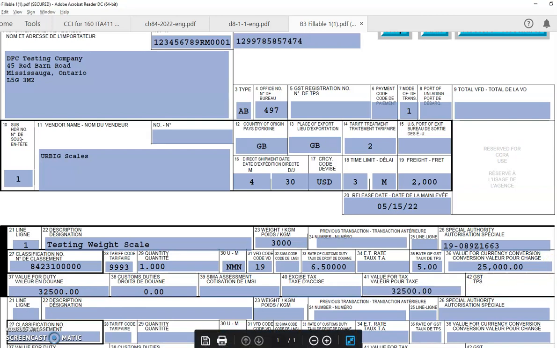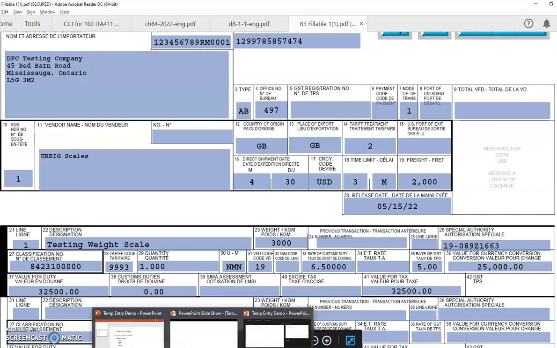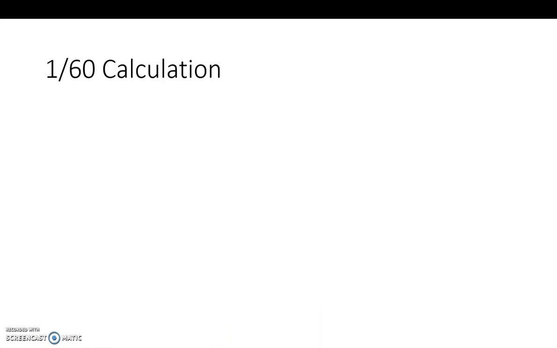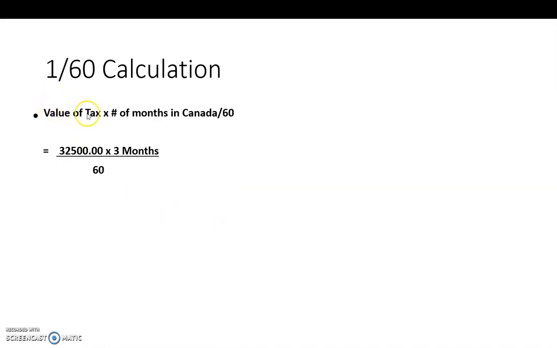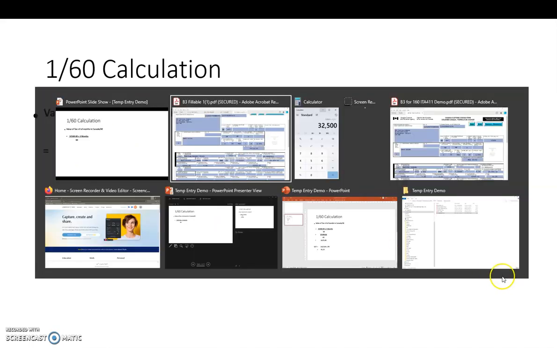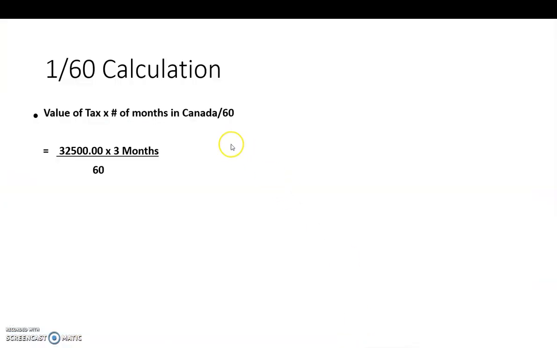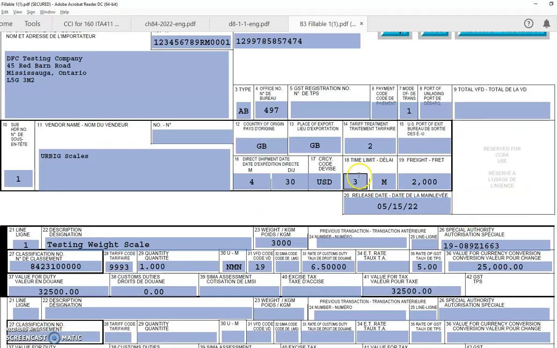And now we need to figure out the GST, the 1/60th. So the 1/60th calculation, we need to take the value for tax times the number of months in Canada and divide it by 60. So the value for tax is 32,500. The number of months it is in Canada is 3 months.